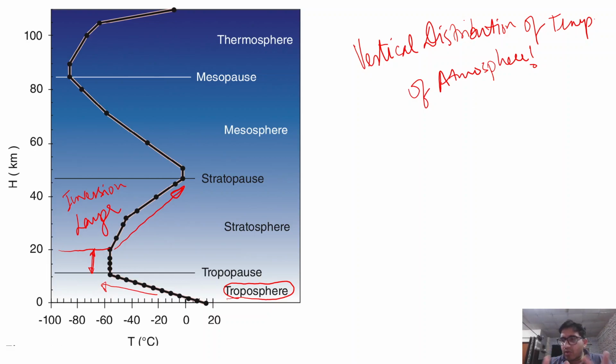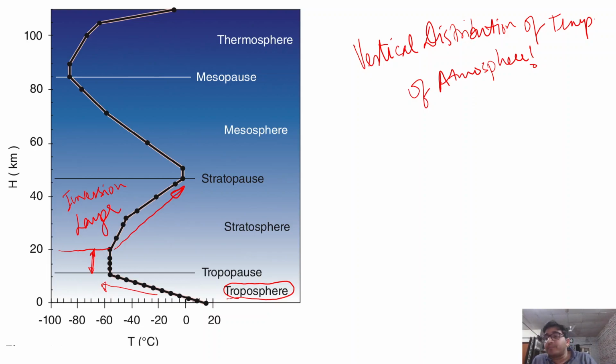So questions from this lecture in the NET exam may be asked about wet adiabatic and dry adiabatic lapse rates. Their values may be asked, and they may ask how the variation occurs near the poles, and how the variations occur near the equator, where the lapse rate is more.